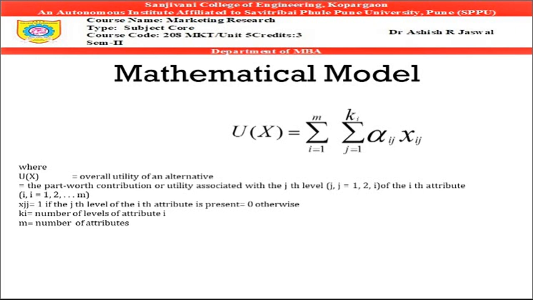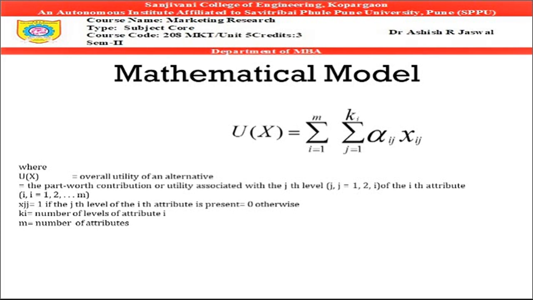This is the model used for conjoint analysis, generally run by a statistical tool. It is not the most important part, but we should be aware of the mathematical model, at least the terms.